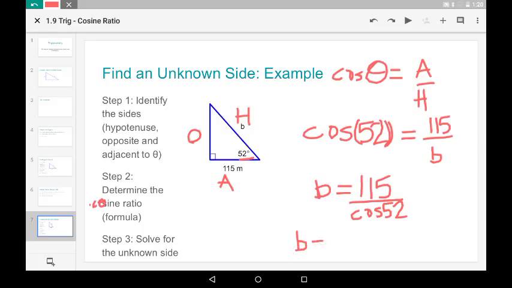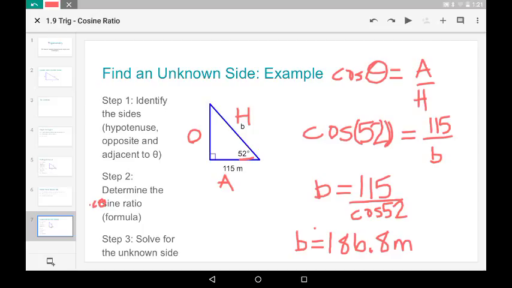Make sure your calculator is set to degrees, and then you'll find out that the length of side B, the hypotenuse, is approximately equal to 186.8 meters. Okay, so there's the steps you need to show, all the steps there.